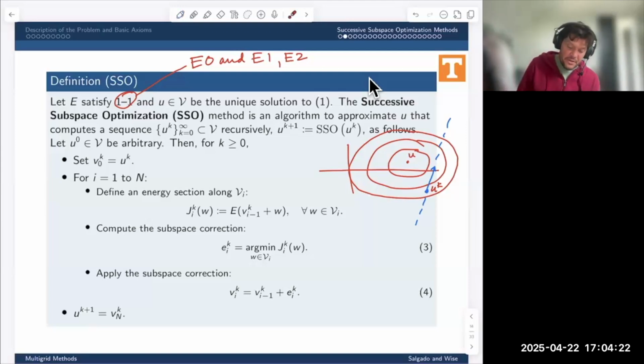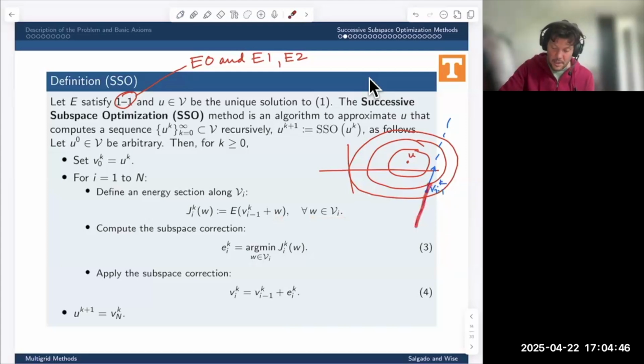Once we create this section, I should have said, let's make it general. So this is going to be Vi minus 1K, and we're looking along the ith direction, and W is going to represent things along the ith direction.